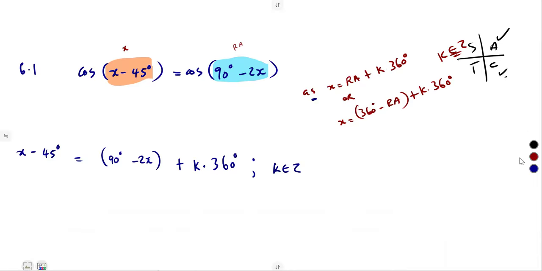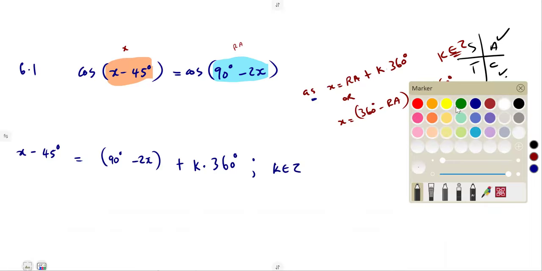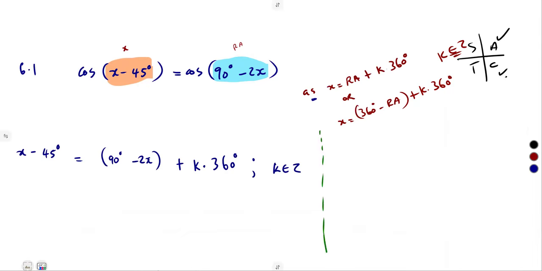This was the first solution that you must have for all integers k. We can solve it, or let's just finish with the second one and then solve at once. For the other one, from 360 minus the reference angle, our x is x minus 45.